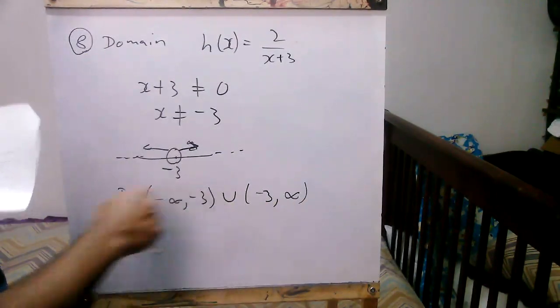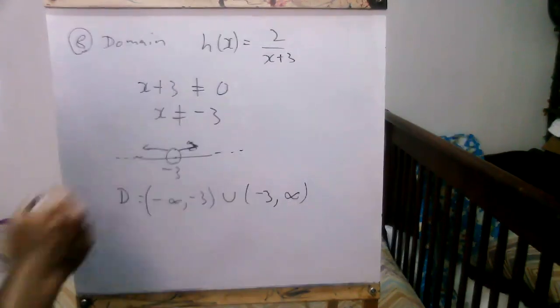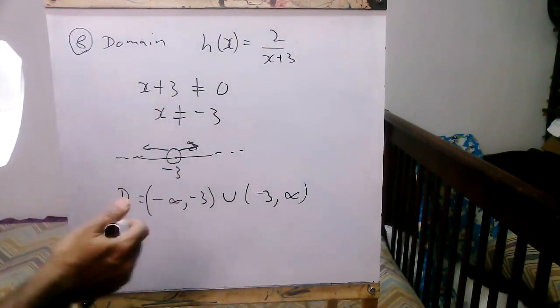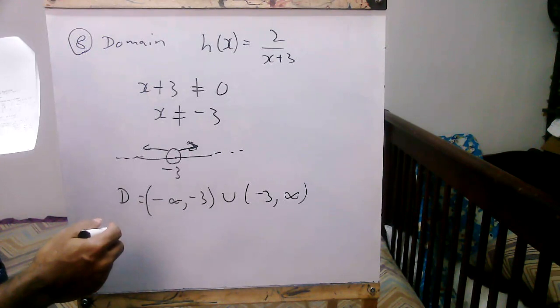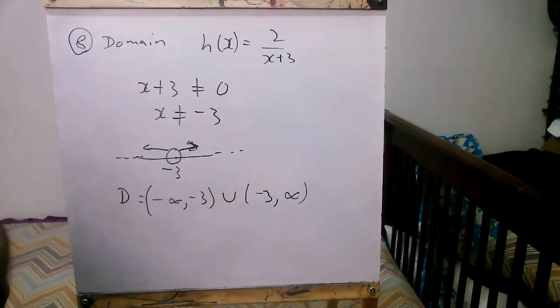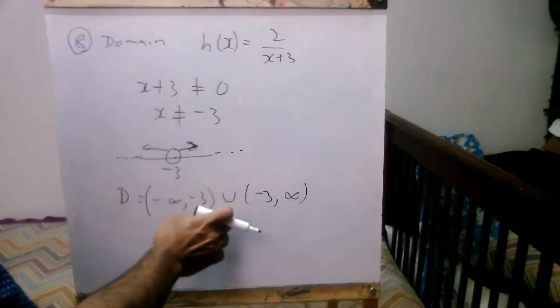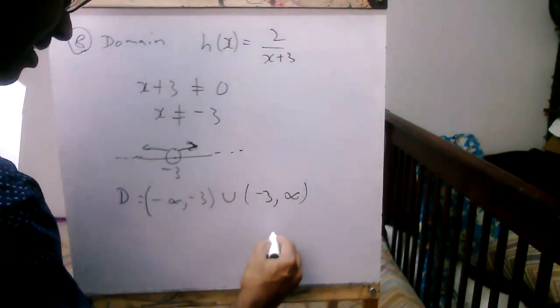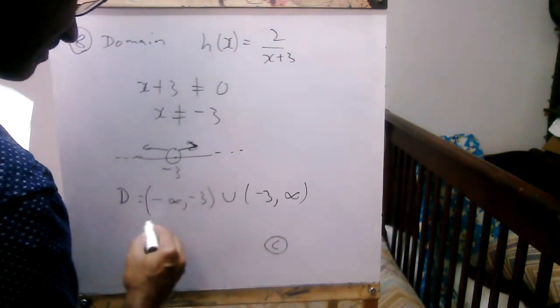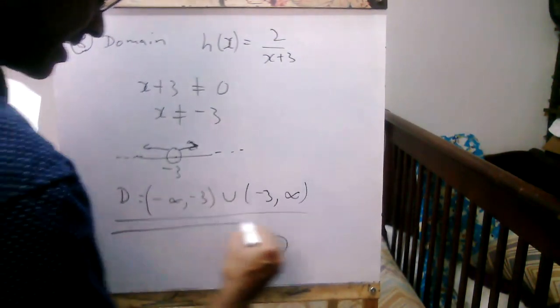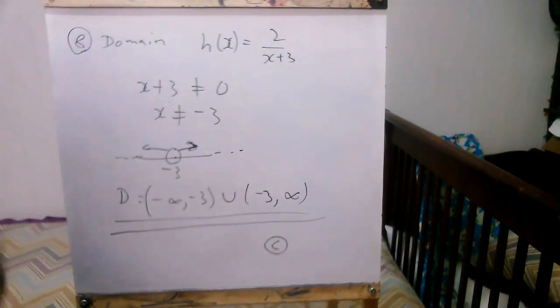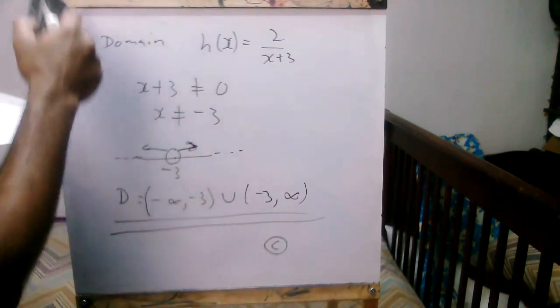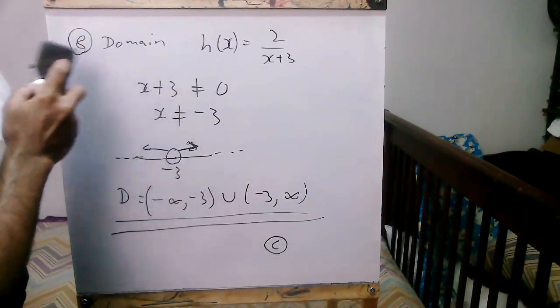Parentheses mean these numbers are not included, right? What choice is this? Negative infinity to negative 3. Answer C. Answer choice is C. This is the answer, and the answer for this is C. Right?